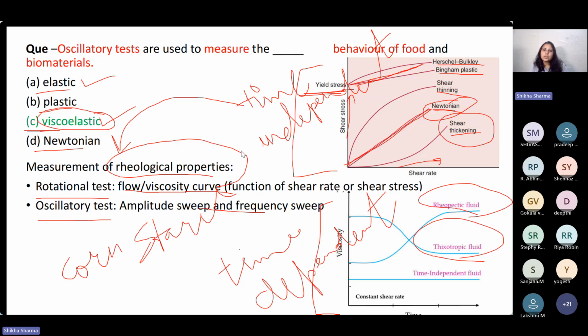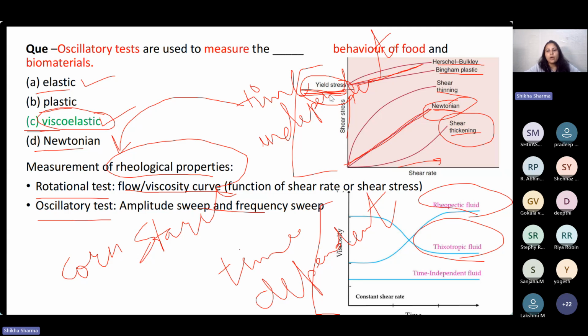After you apply the stress, it will change its behavior. Its viscosity will change. So that is yield stress. After a particular stress, the viscosity changes and it will start behaving like another fluid. Initially it was not that thin, but after we apply the stress it changes.